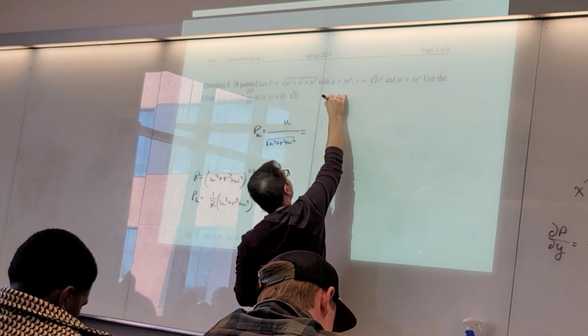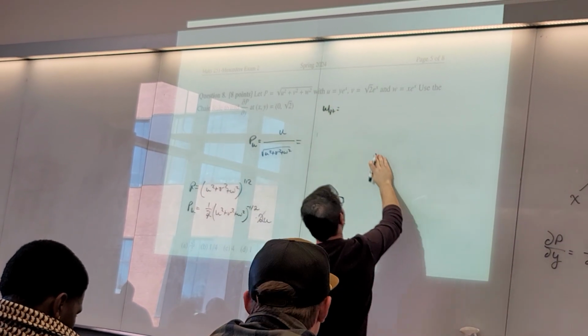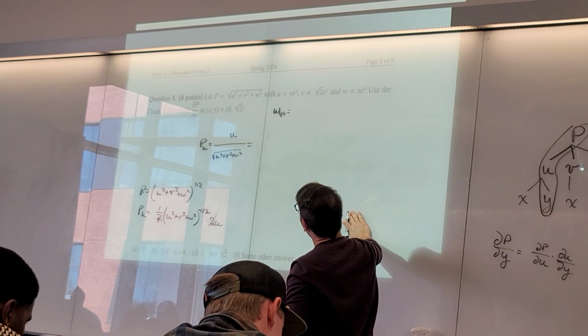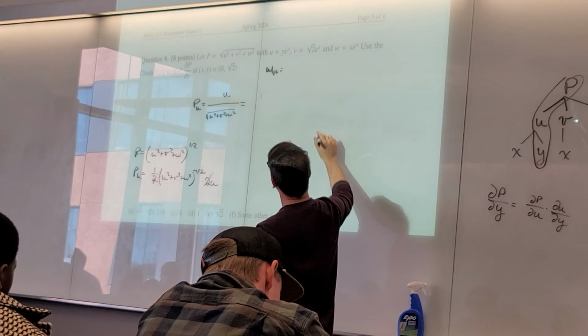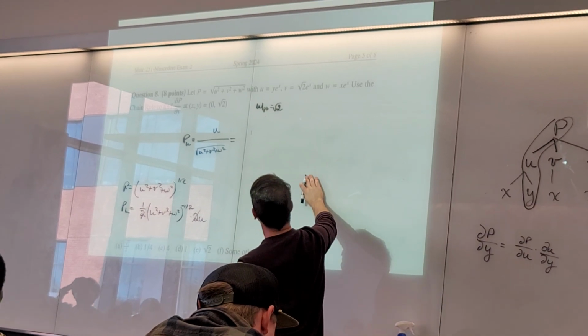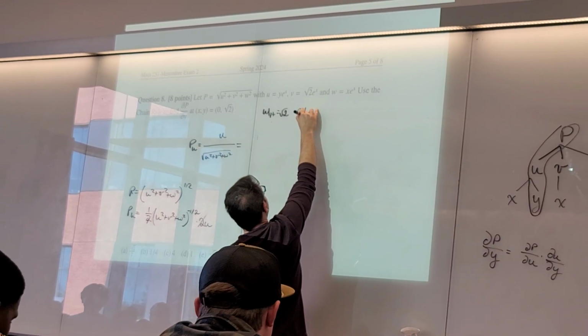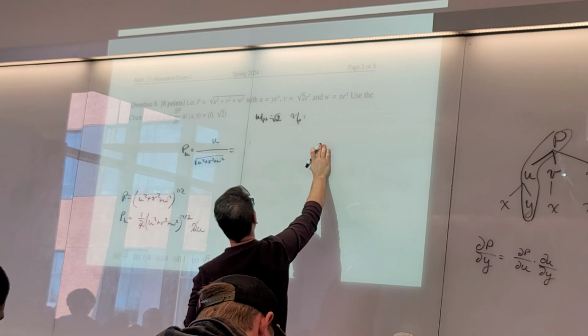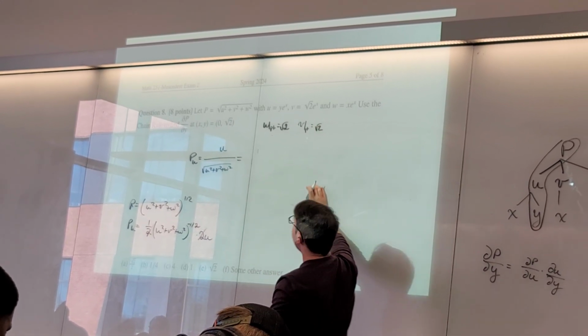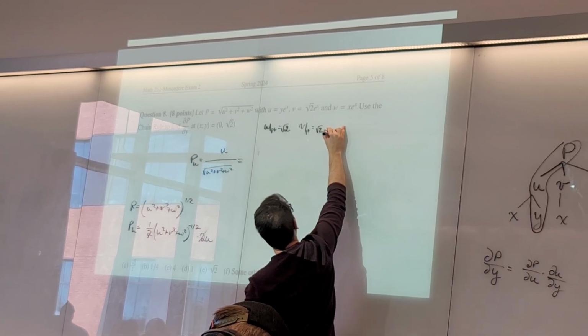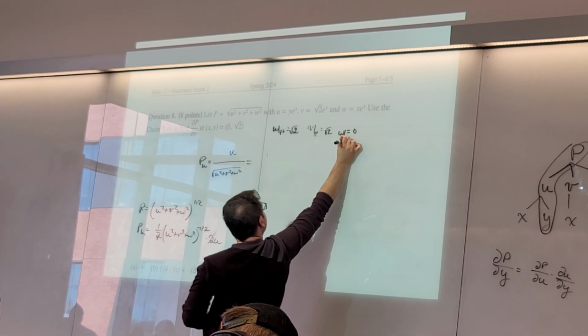So, okay, u evaluated at the point is equal to what? So y is square root of 2 times e to the 0, which is 1, so that'll just stay. V at the point is equal to square root of 2 times, same thing, so it's also square root of 2, right? And w, 0. Okay.